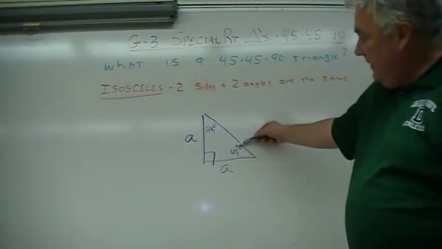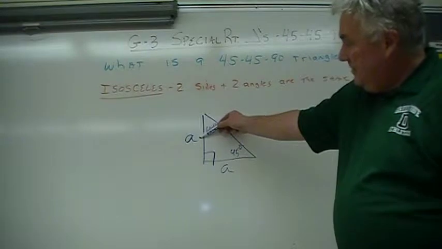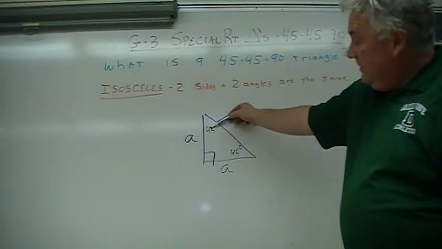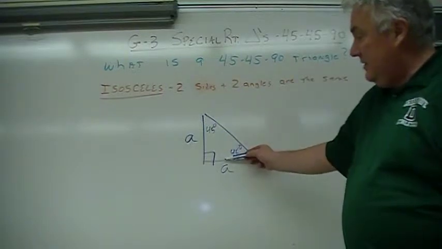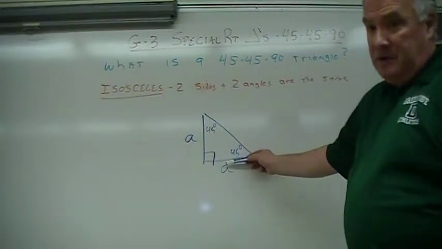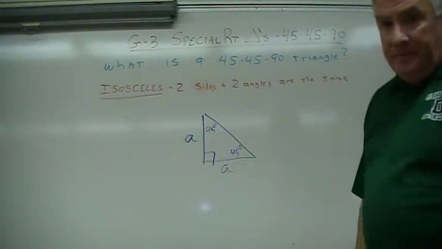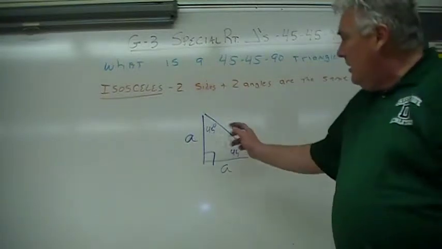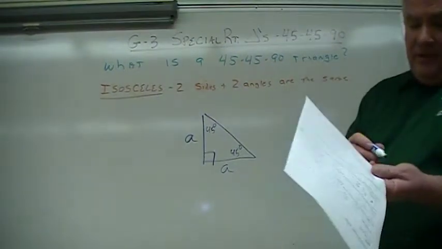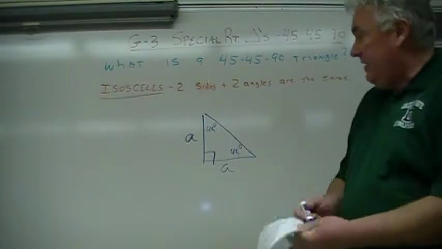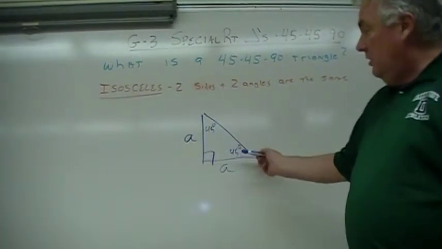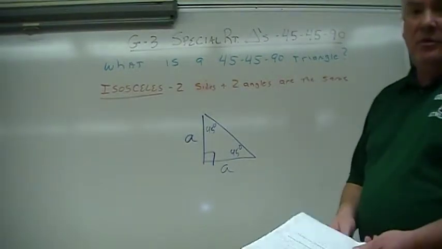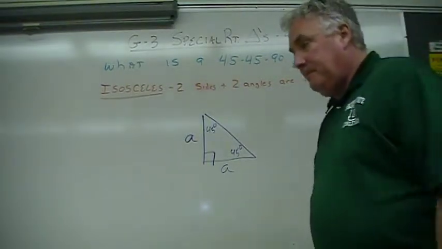Because this is 45 degrees and it's measurement A, this is the same measurement angle-wise, and it's the same lengthwise of the side. So this is an important thing to know, that the sides are the same. If you know one side, one leg, you'll know the other leg. You don't have to do any math for it.